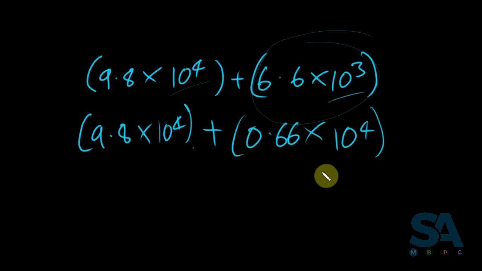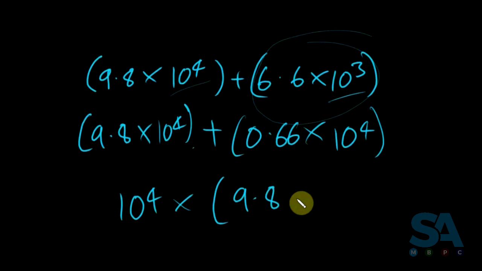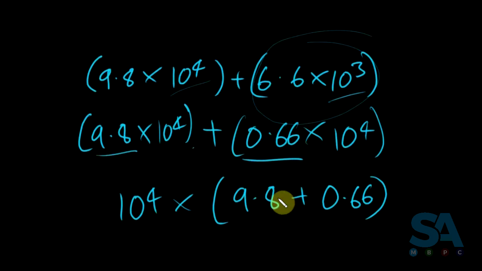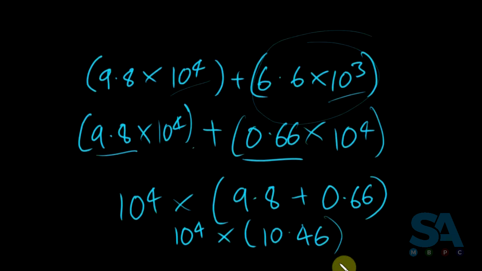That makes things easier because now we can factorize and rewrite the expression like so. 10 to the 4 times by 9.8 plus 0.66, because both of these values are times by 10 to the 4. 9.8 plus 0.66 equals 10.46.